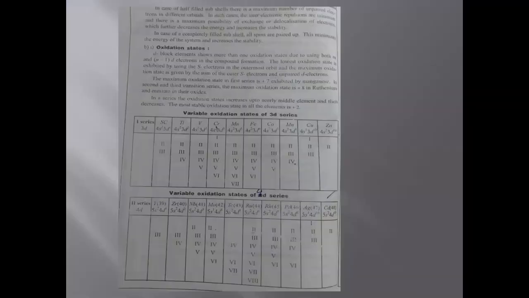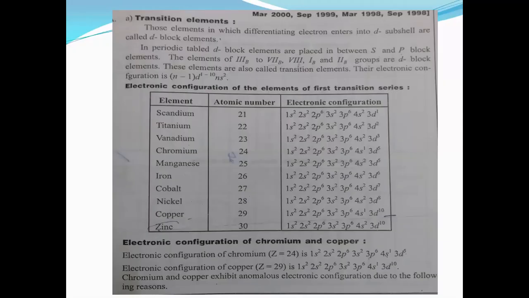Coming to the electronic configuration of chromium and copper. See, among all elements, chromium and copper configurations are abnormal from other elements.